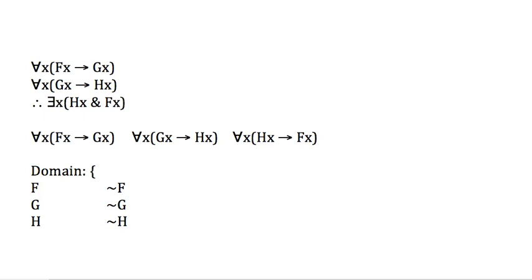So what we need to do is start adding things to the domain in a way, if possible, that gets all three of these formulas to be true so far as we've gone. You might be able to see a way to do that.